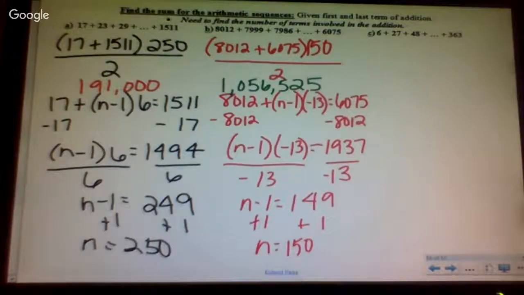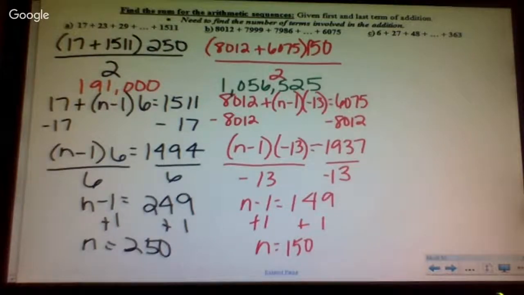You should be doing no decimals on this. There should be no decimal points in this one.